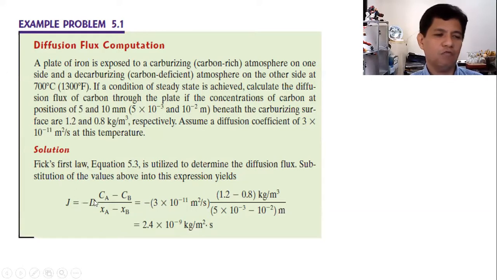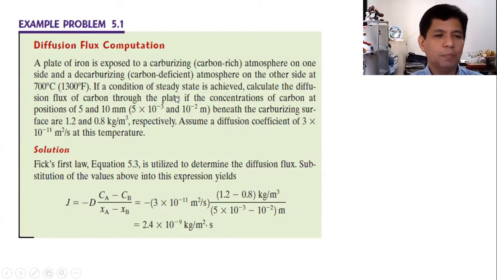So, kaya your equation is simplified into this. J is equals to negative D, ito yung concentration gradient, Ca minus Cb, ito yung thickness niya, Xa minus Xb. No? Ito lang yung gagamitin natin equation. So let's look at the problem. A plate of iron is exposed to a carburizing, carbon-rich atmosphere on one side and a decarburizing, carbon diffusion atmosphere on the other side at 700 degrees Celsius.